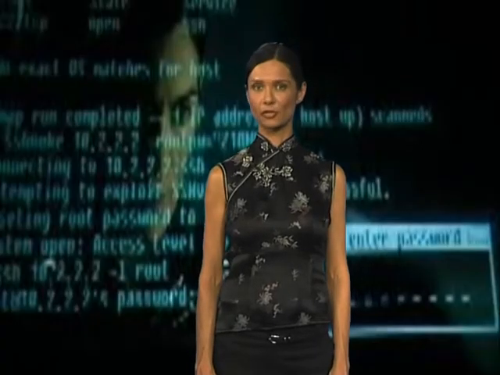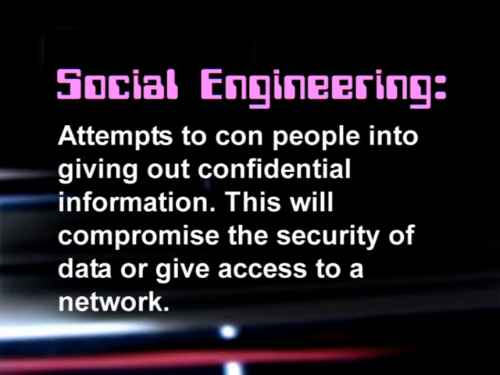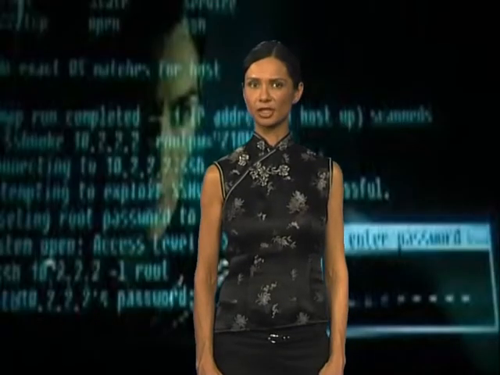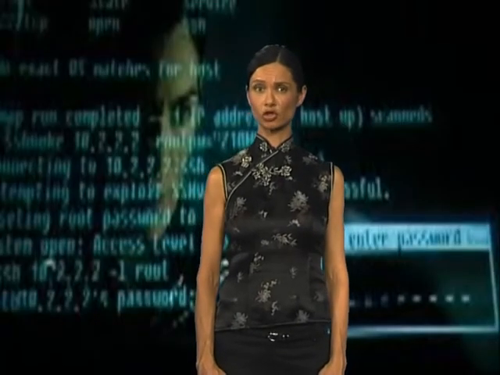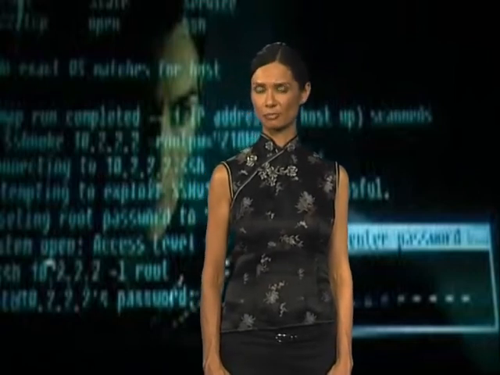Another type of cyber threat is called social engineering. Social engineering is a term used to describe attempts to con people into giving out confidential information. This will compromise the security of data or give access to a network. One example of this is someone posing as a technician, pretending to be there to install new software or to fix a problem.